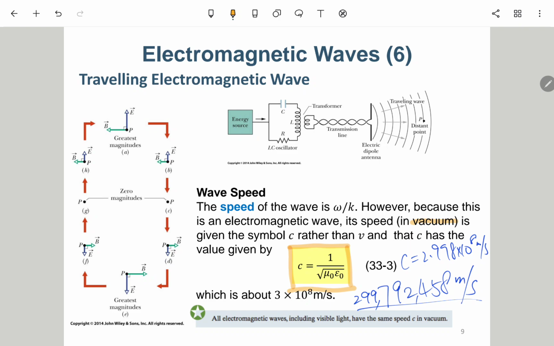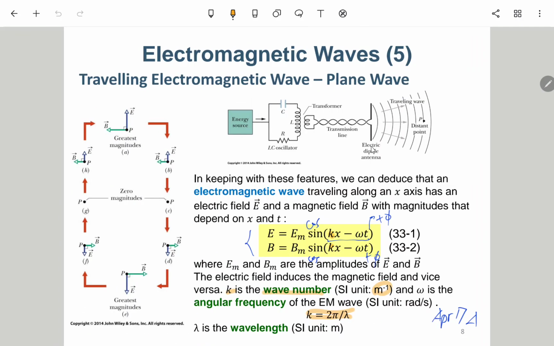and then it also tells you that the speed of the wave is actually omega over k. So let's see what it means here, referring to this argument.